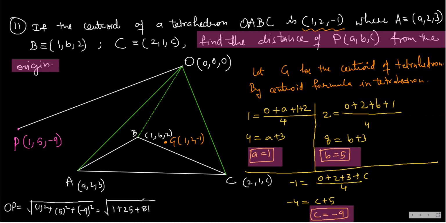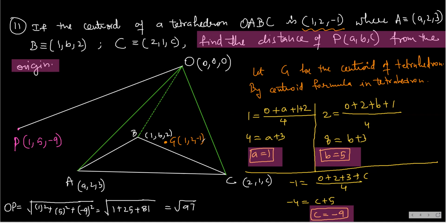How much is this? 82, 87, 97. Square root of 97. This is the distance of P from the origin.